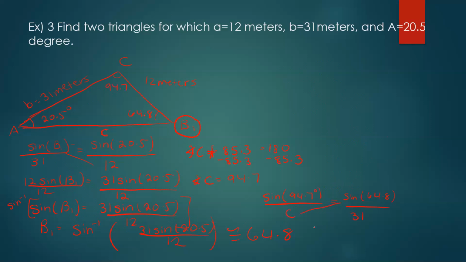Cross multiply, that would be c times sine of 64.8, and then this would be 31 sine of 94.7.